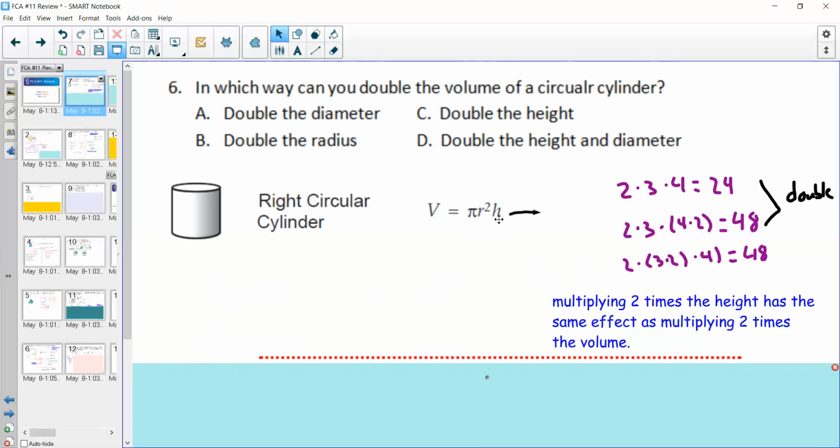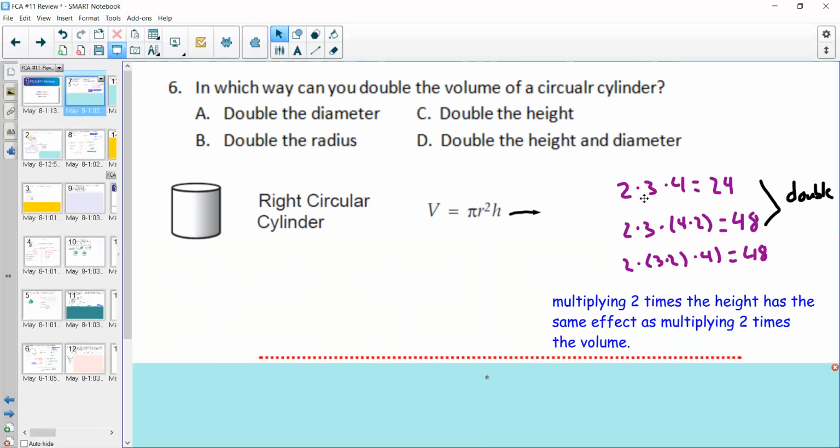Whereas if I double the height, I'm multiplying the height times 2, so I'm multiplying everything else by 2, so I'm just doubling the volume. So for example, 2 times 3 times 4 is 24. If I double one of these numbers, like let's say I double 4, 4 times 2 is 8. So now I've got 2 times 3 is 6 times 8 is 48.